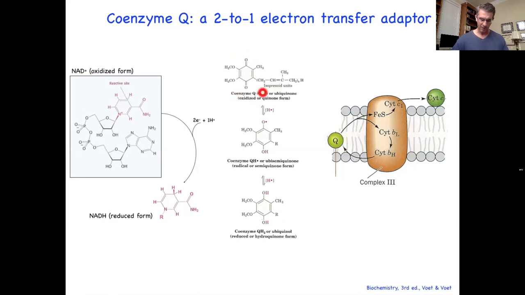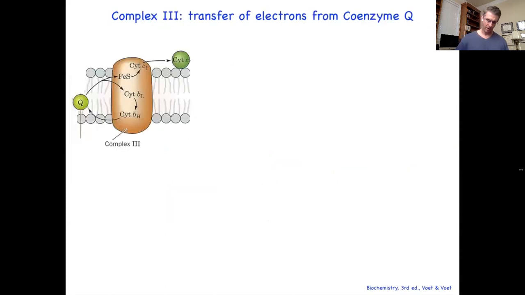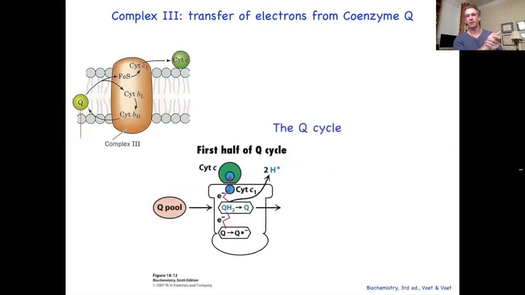We have the ubiquinone, that diaromatic diketone, take up 1 electron, 1 proton to form this ubisemiquinone, or radical form, then take up another proton and electron, and get the fully reduced dialcohol version, or dihydroquinone. So we're going to use that property combined with the structure of complex 3 to build this 2 electron to 1 electron transfer process. This is sometimes known as the Q cycle.